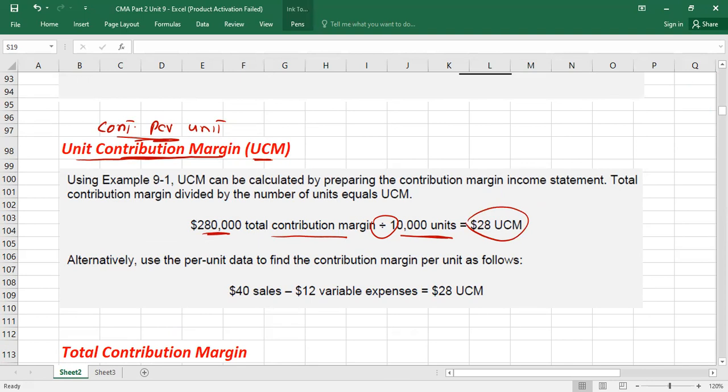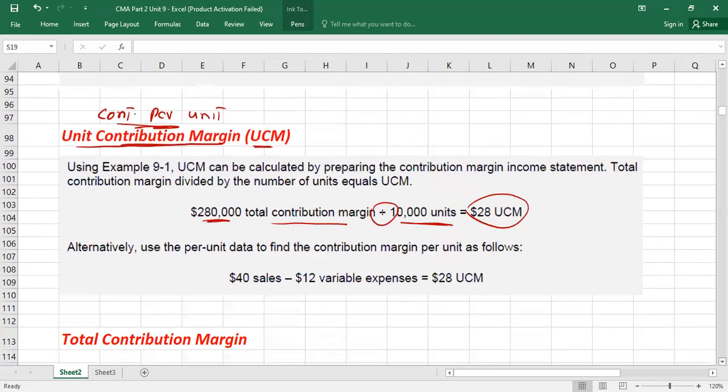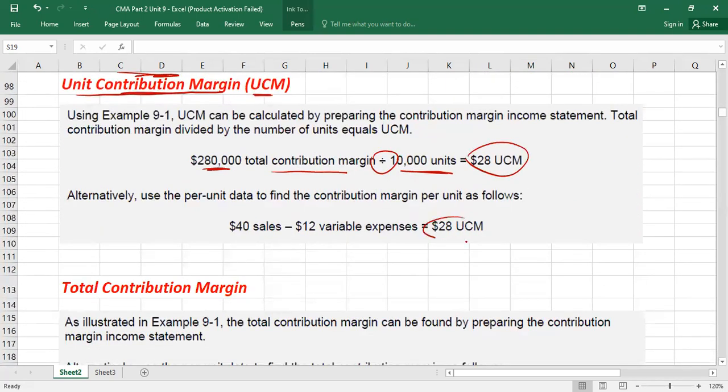There is another way to get it. I can take the unit selling price, the sales price per unit, and deduct the variable expense per unit. The unit selling price is $40 and the variable cost per unit is $12. So 40 minus 12 is again $28, which is your unit contribution margin.